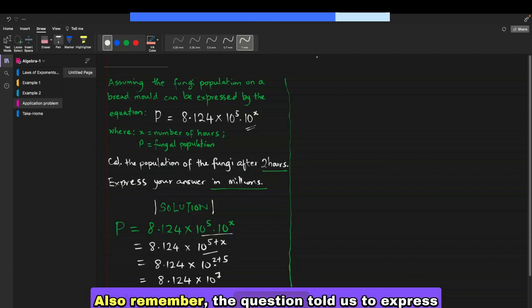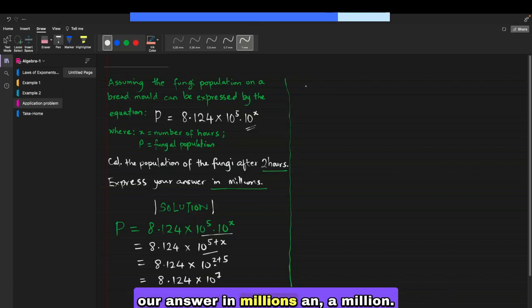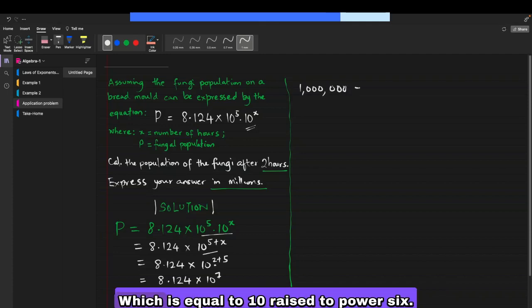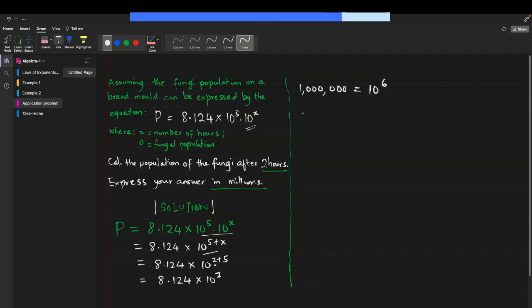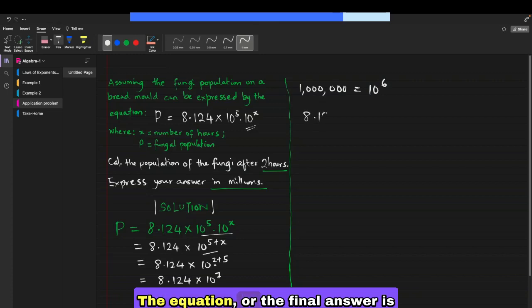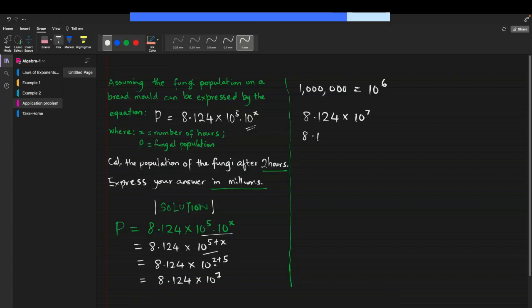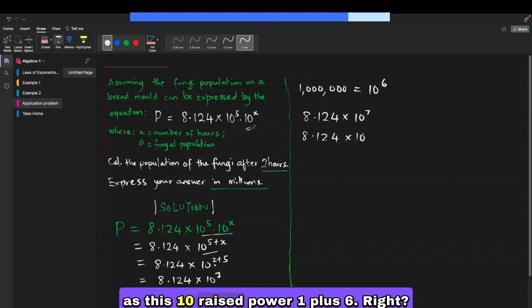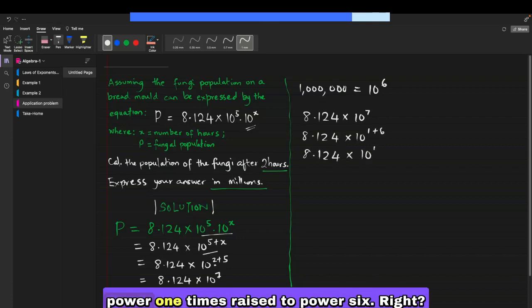Also, remember, the question told us to express our answer in millions. And a million is 10 raised to the power 6. The final answer is 10 raised to the power 7. I can rewrite 10 raised to the power 7 as 10 raised to the power 1 plus 6, and that I can also rewrite as 10 raised to the power 1 times 10 raised to the power 6.